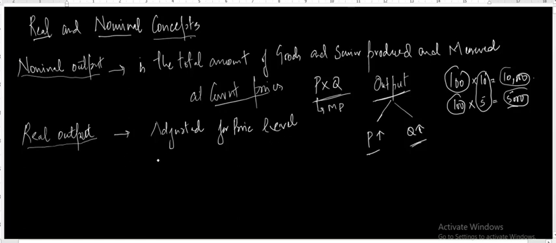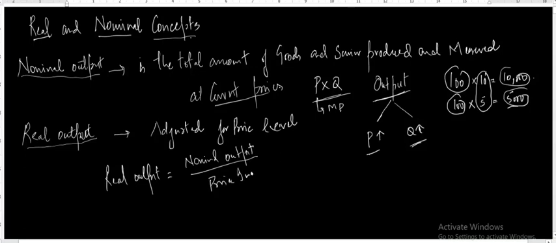In this case, we talk about what the economy is actually producing. So the real output of an economy is going to be equal to the nominal output divided by the price index, where for the price index we normally take the base year, multiplied by 100.